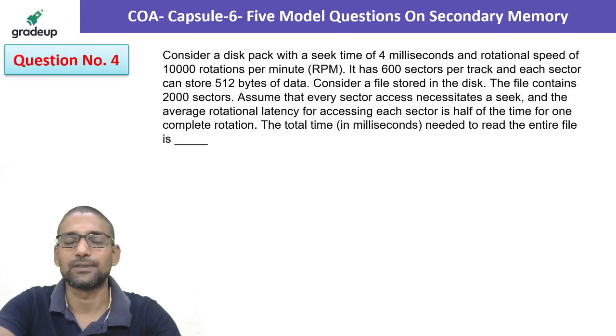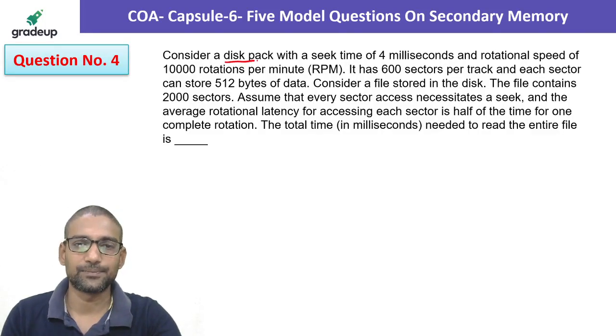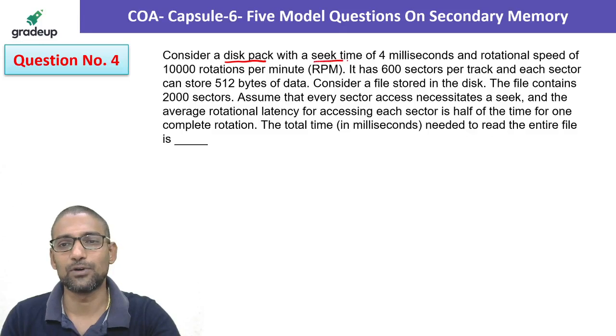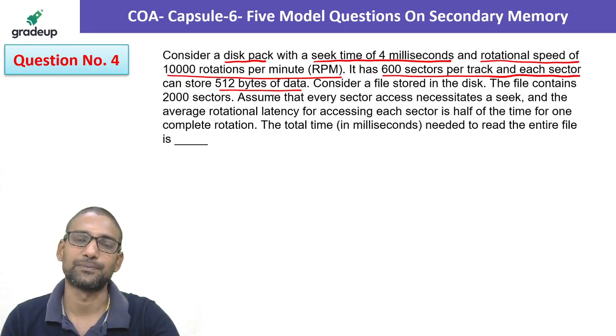Next question is like this. Consider a disk pack with seek time of 4 milliseconds and rotational speed of 10,000 rpm. It has 600 sectors per track and each sector can store 512 bytes.